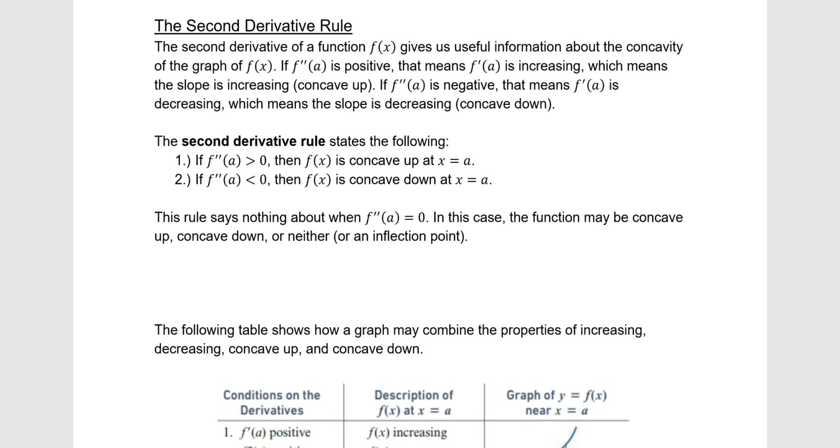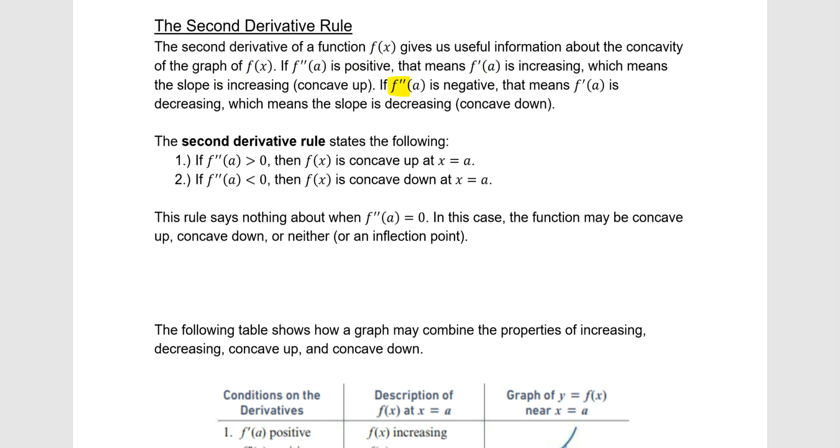The second derivative rule is going to tell us about the concavity of the graph of f of x. If f double prime is positive, that means that f prime is increasing, which means the slope is increasing, and that means concave up.